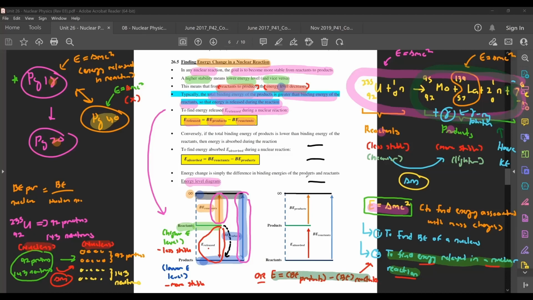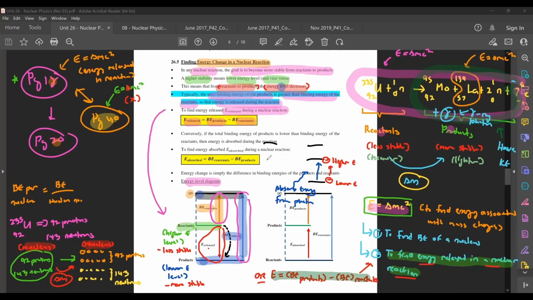So if I say that your electron went from here, lower energy level, to a higher energy level, from here to here, what you would have learned is that your electron must absorb energy from photons. So your direction going up here is going to absorb energy.